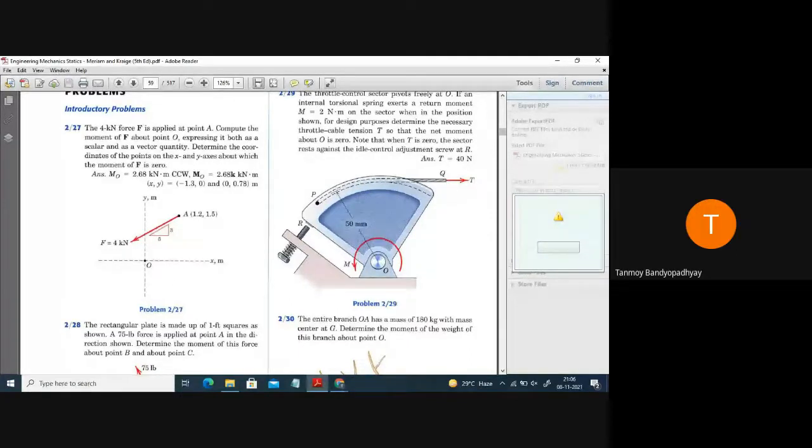It's a vector thing. Whenever you are making a cross product of r and F, you are calculating sine theta. If r and F are inclined, the inclination is also taken into consideration.